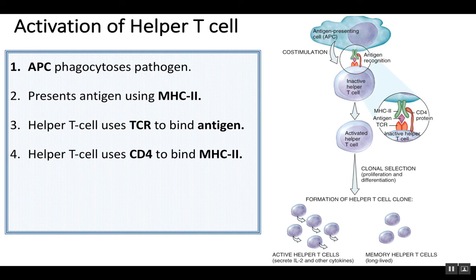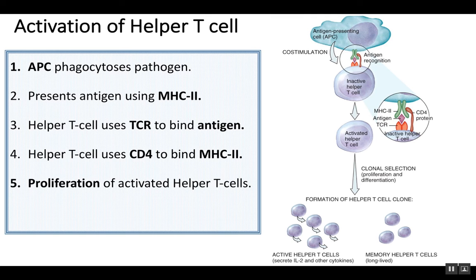So now we've got an APC presenting an antigen. Oh my, okay. That means we've got an issue. We've got an antigen, we've got a pathogen. So the helper T cell will then proliferate into many helper T cells. It'll clone itself.